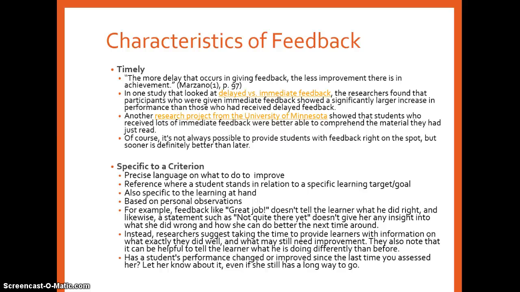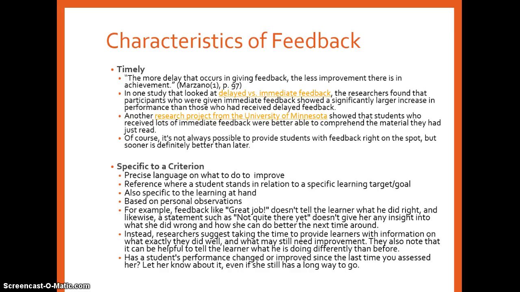The second characteristic of feedback is it needs to be specific to a criterion, using precise language on what to do to improve and how it relates to the learning target or learning goal or learning objective. When you give feedback such as great job or you're not quite there yet, it doesn't really tell the learner much.